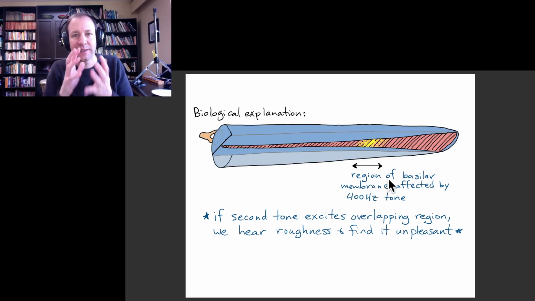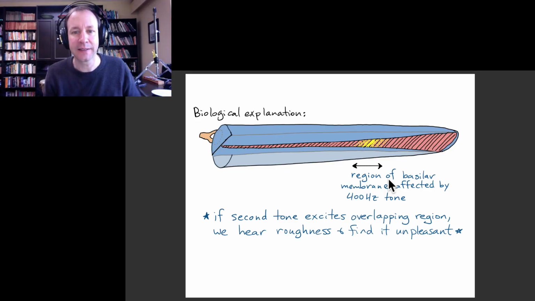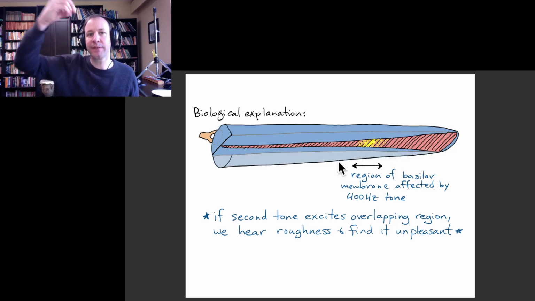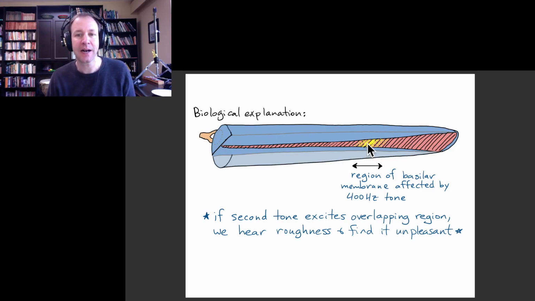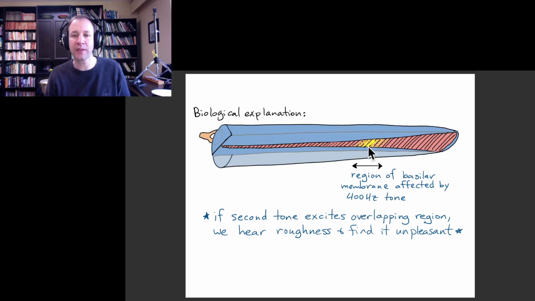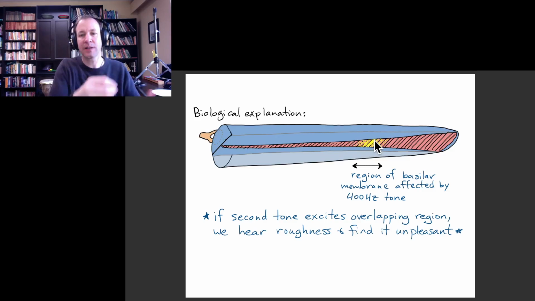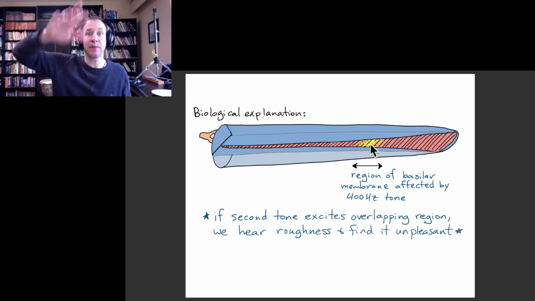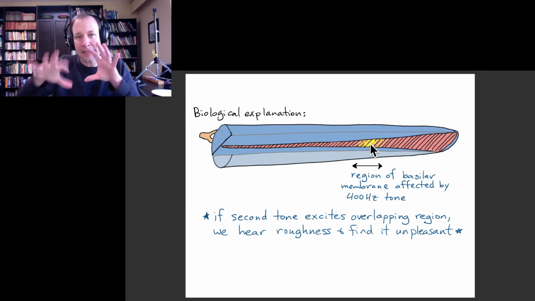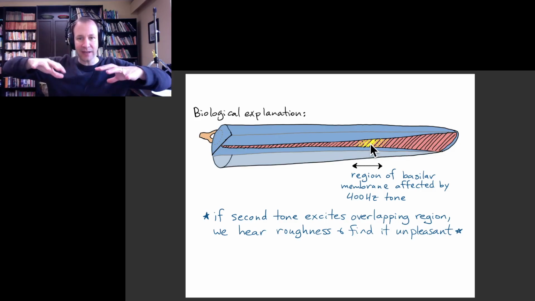We can understand that better by recalling what's going on inside our ear. We have this basilar membrane, and when you play the first frequency, it causes it to vibrate in a certain region. So there's one place that corresponds to the frequency that we select, 400 hertz. There'll be a particular place on the basilar membrane that is vibrating the most with that frequency. But it also turns out that there are nearby regions that are also vibrating.